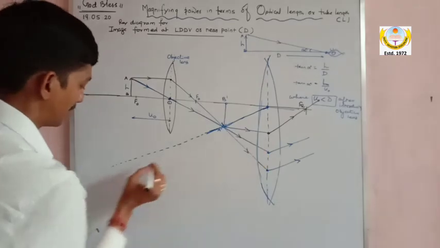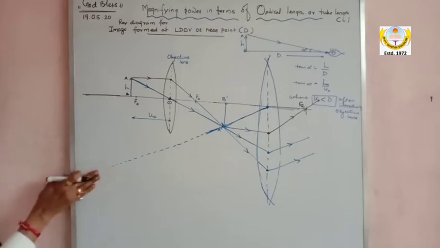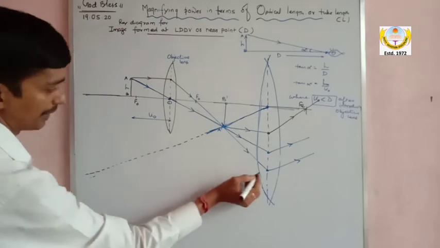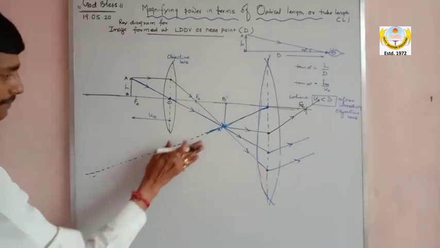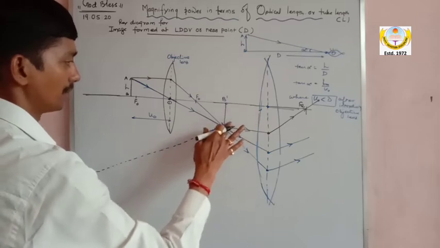Now I will make these all rays to meet at one point, my dear. I will see to this that all the rays should meet at one point. This ray I need to withdraw.